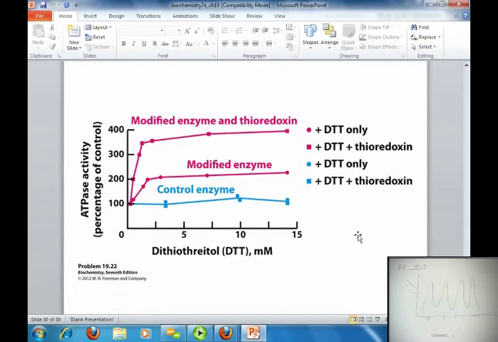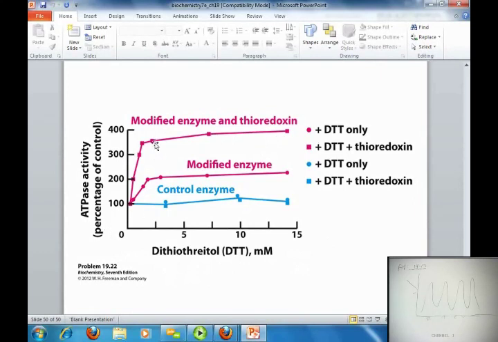And these are the ATPase activity, percentage of control, the control enzyme, and then dithiothreitol, DTT, at millimolar concentrations, and they will produce more of the oxygen. Then there is the modified enzyme, and the modified enzyme with thioredoxin.